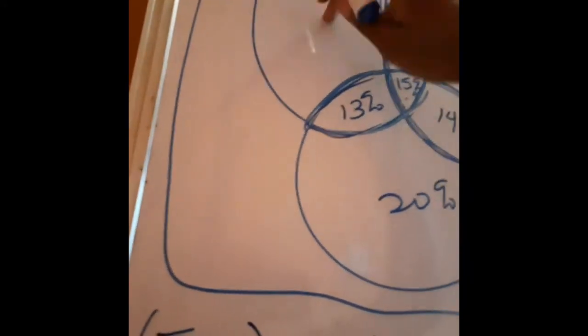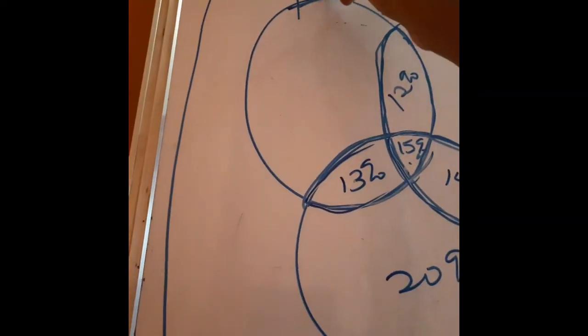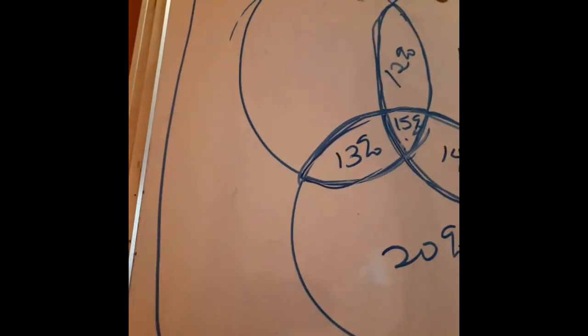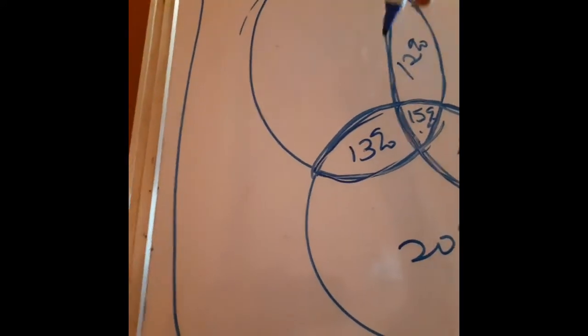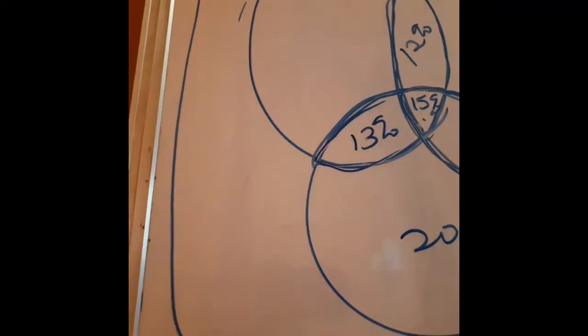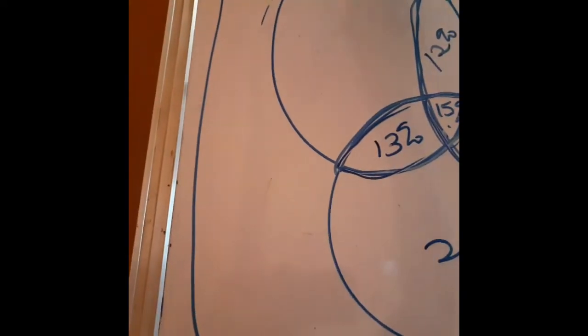Let us imagine that there was nothing here. So we want to get F only. We want to get everything here, which is 49. Minus this will give us what is here.